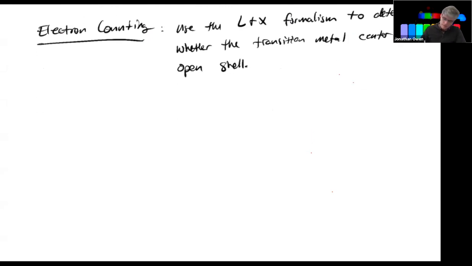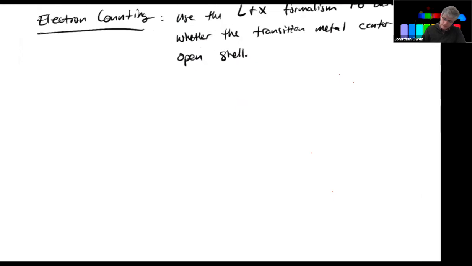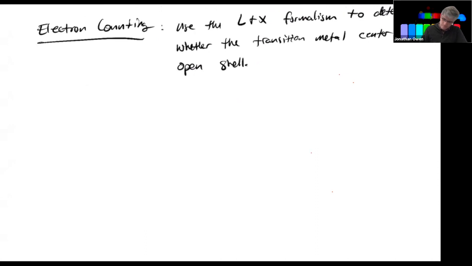All right, so let's do an example here. So we're going to start off with iron tetracarbonyl dihydride. So what we want to do to count the valence electrons is to break this thing into neutral fragments. Let me repeat that. To count the electrons, you must break the compound into neutral fragments.